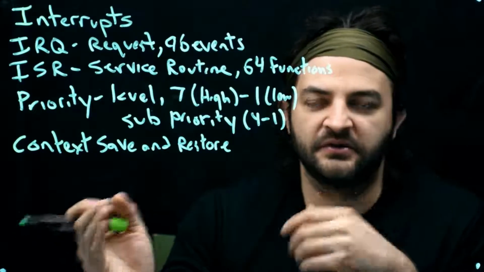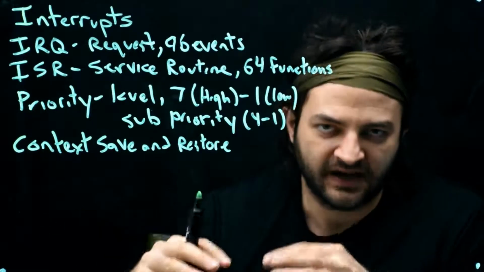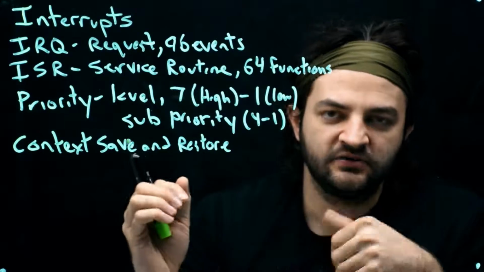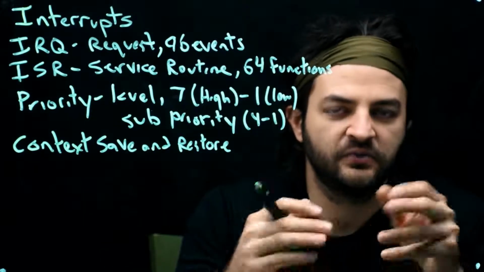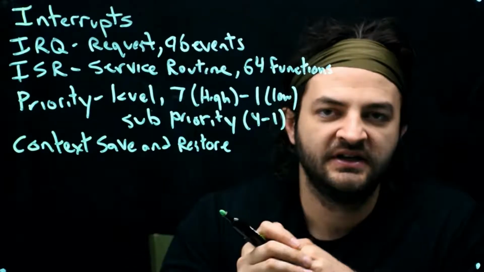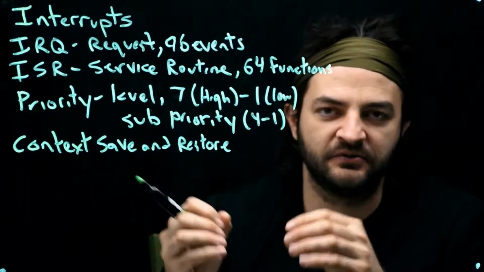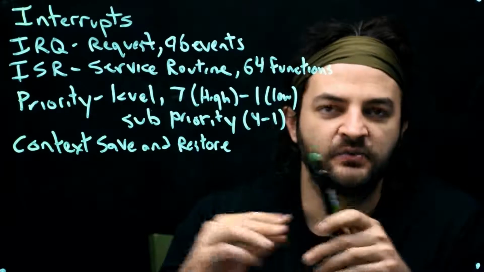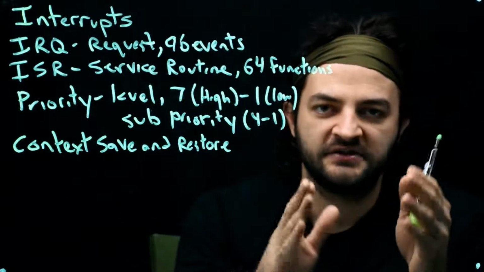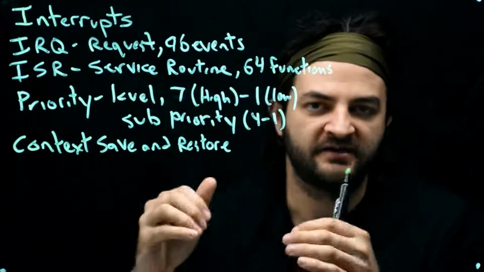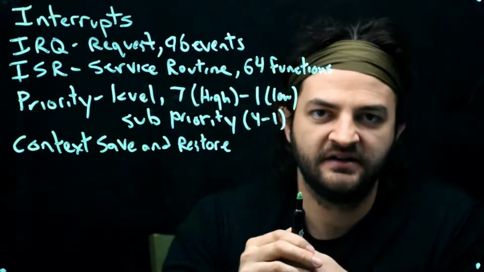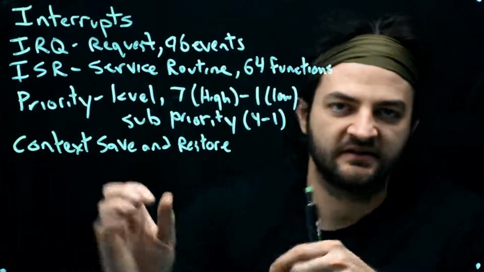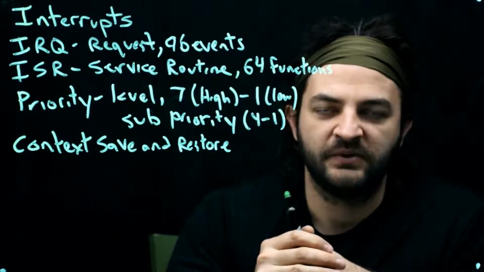All the variables that we're currently working on are currently in the cache. When an interrupt occurs, we go to a new function, we start running the code that's there, and we might overwrite the cache or whatever variables the CPU is working on at that moment. So we need to make sure that when our function in the ISR is done and we go back to main, main still has all the stuff it was working on that it hadn't finished yet.